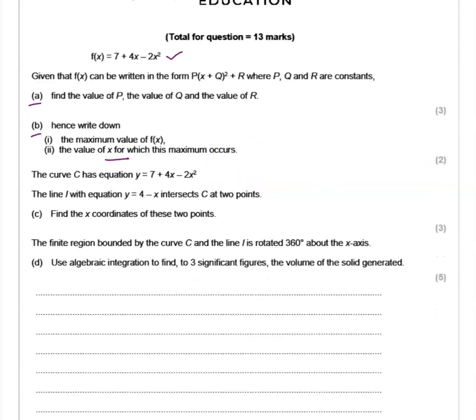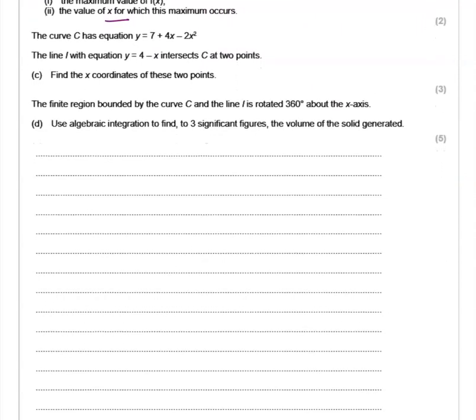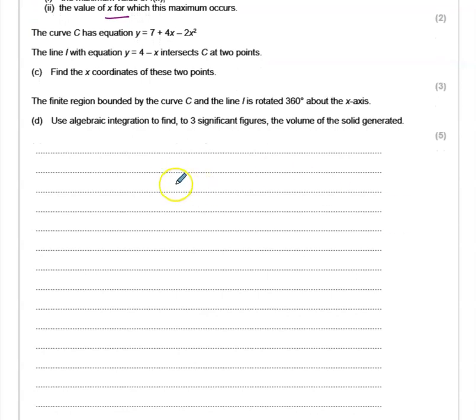So with this question now, we're going to focus on another aspect. In this case, we've been given an extra graph, a straight line, and we've been told that they intersect at 2 points.